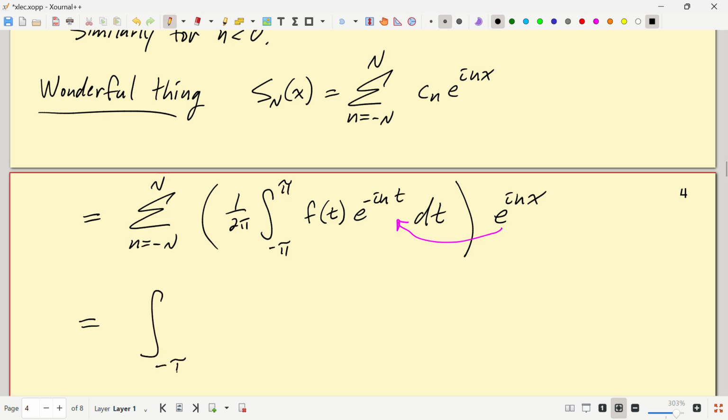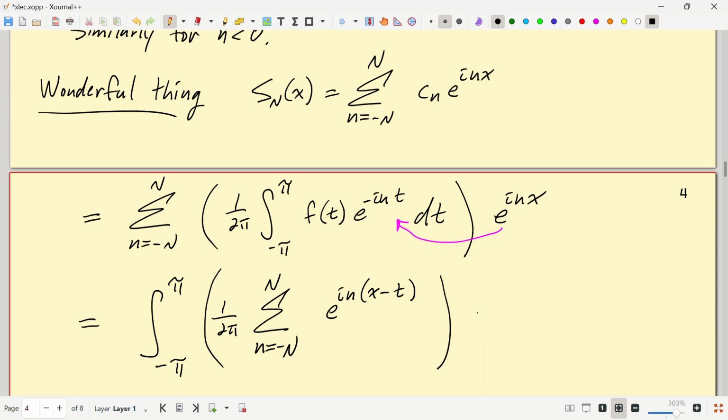And I get the integral from minus pi to pi, and then 1 over 2 pi, a sum as n goes from minus N to plus N of e to the in(x minus t), when I put that in there. And f of t I can pull out of that sum. And the dt, now I integrate. So I interchanged the sum with the integral, and got something kind of nice looking.